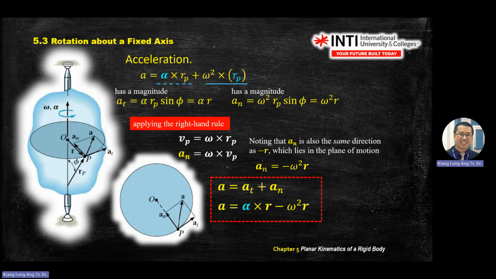Okay. At the end, I want you to remember this one. a equals at plus an. So an equals alpha cross r minus omega squared r.